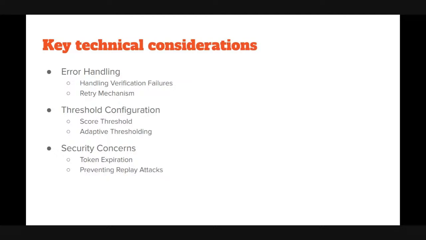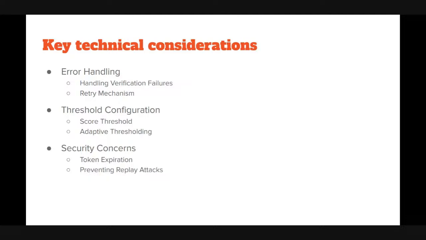We should carefully set the score threshold based on how suspicious the interaction appears. A typical threshold of 0.5 will balance security with user experience. And we can adapt the threshold by applying stricter thresholds to sensitive actions like login, while keeping it looser for less critical actions like a feedback form. We can give it a lower value.